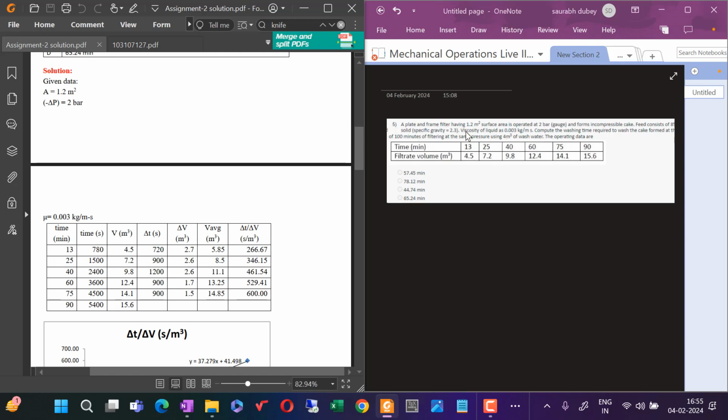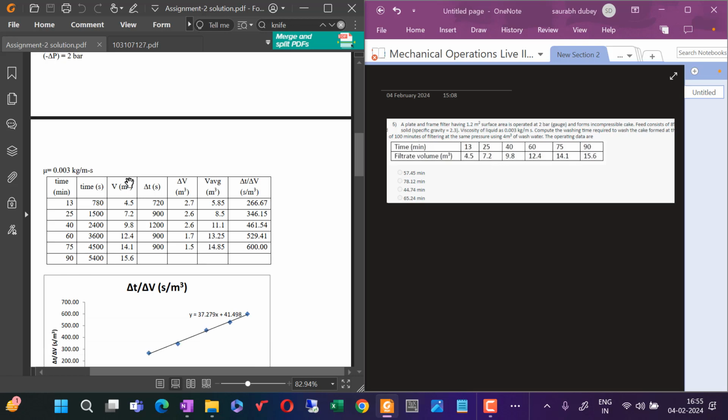So viscosity is given, density is given, pressure difference is given, gauge pressure, and then area is given. So time versus volume you are given, converted that time to seconds, because everything will be calculated per second, as the viscosity unit is also per second, so SI unit has been used.